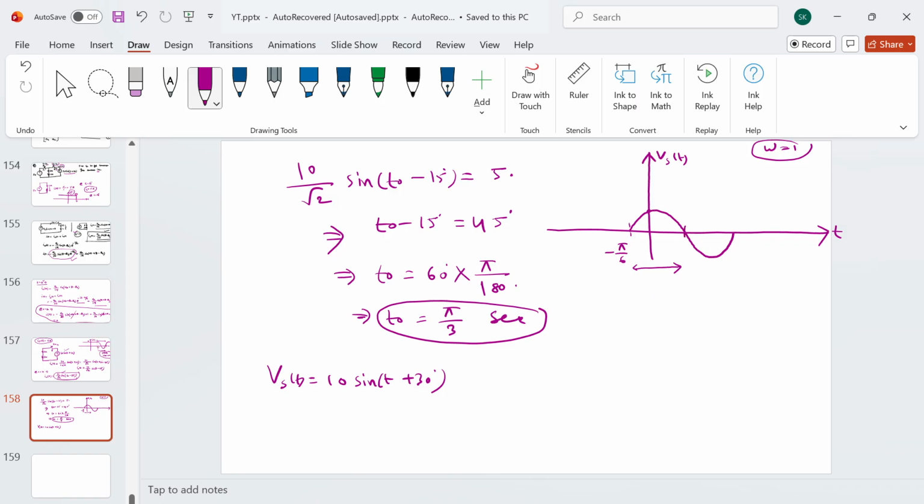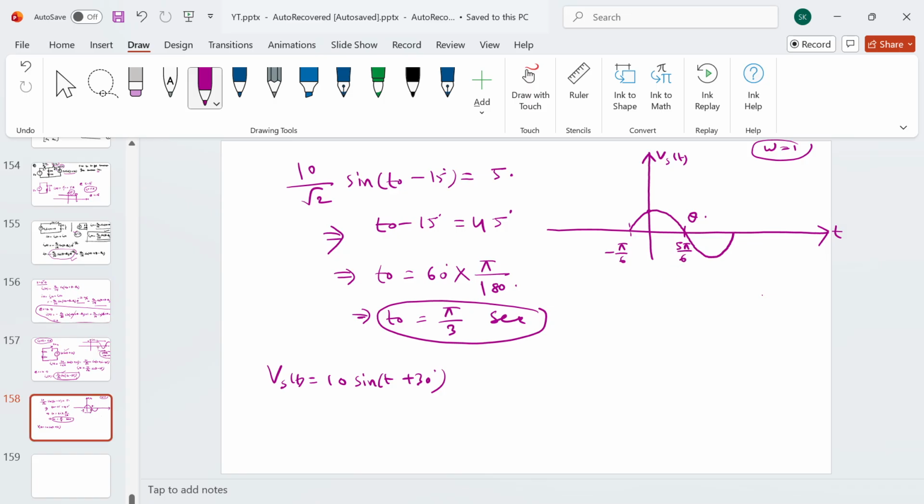So theta plus pi by 6 is equal to pi. So theta is equal to pi minus pi by 6, which is 5 pi by 6. So this value is 5 pi by 6.